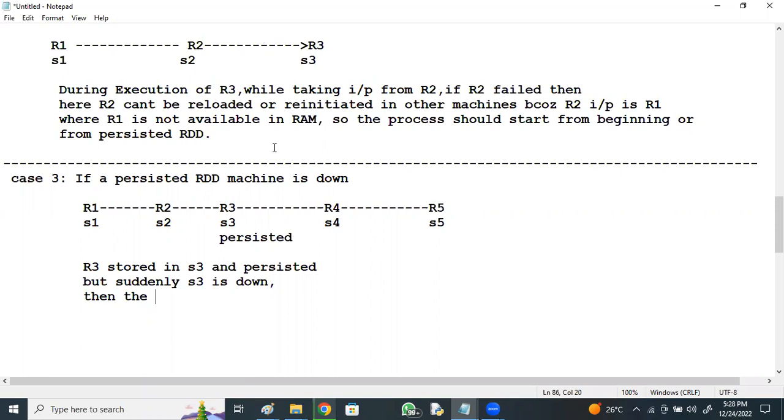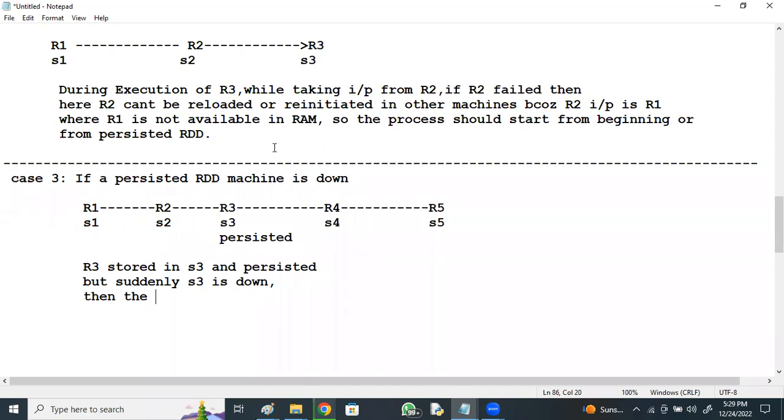Then, taking the data from R2, will R2 be available? Is R2 available in the RAM? No. Again, it has to restart from the first. R2 won't be available to take R2 output and recompute.